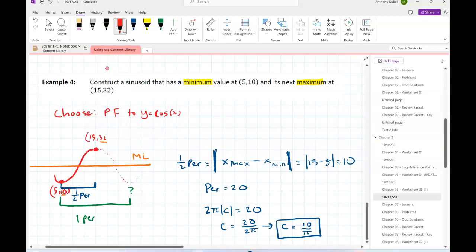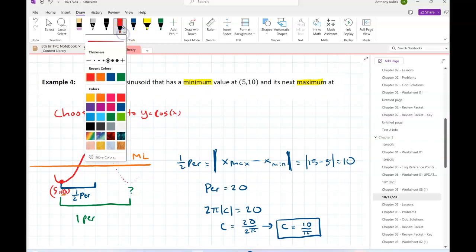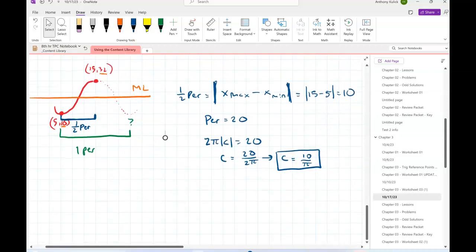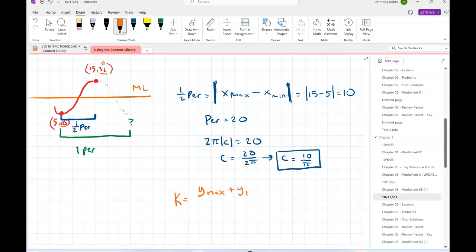Everybody kind of agree with that? That's what it looks like. So that should be then the y-coordinate of the maximum plus the y-coordinate of the minimum, divided by 2.